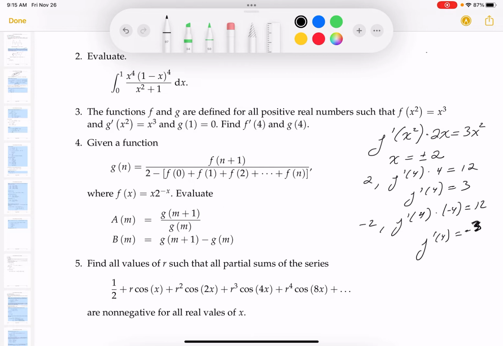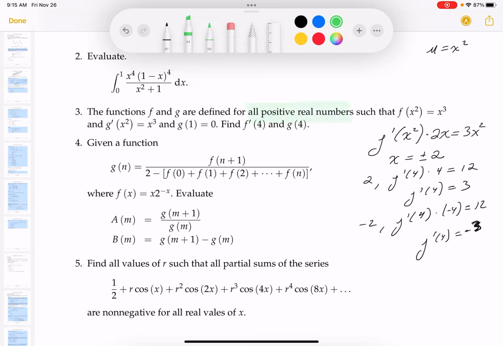Let me do this. u equals x squared. Let me just read that again. Oh, this was a reading issue. I'm glad I read it.